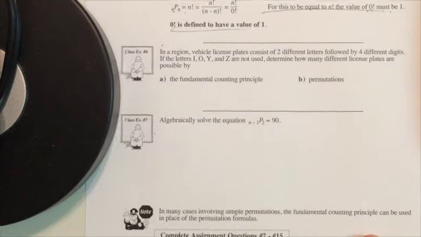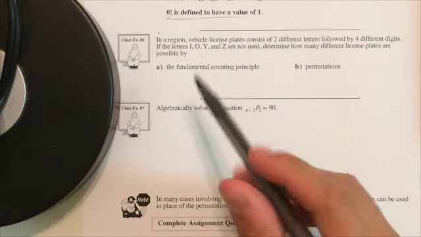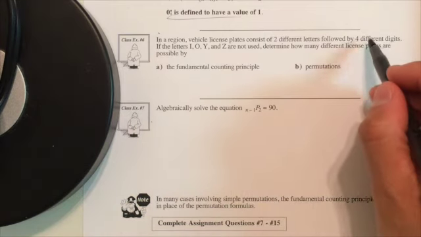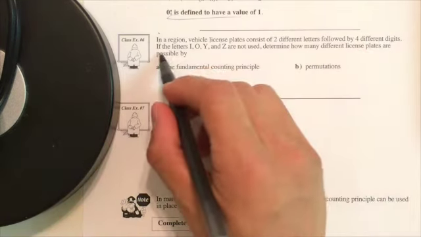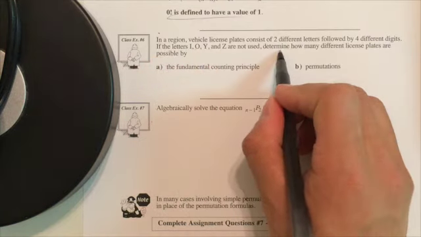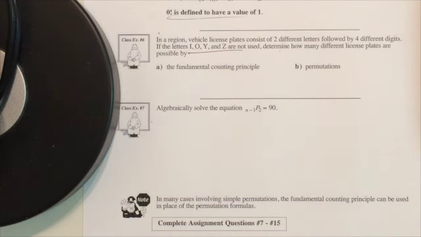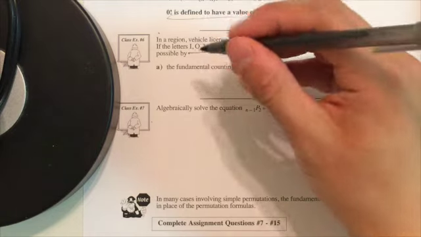All right, so let's look at example number 6 here. Inter-region vehicle license plates consist of 2 different letters followed by 4 different digits. If the letters I, O, Y, and Z are not used, so that's 4 letters out of the 26 in the alphabet, determine how many different license plates are possible by the fundamental counting principle.